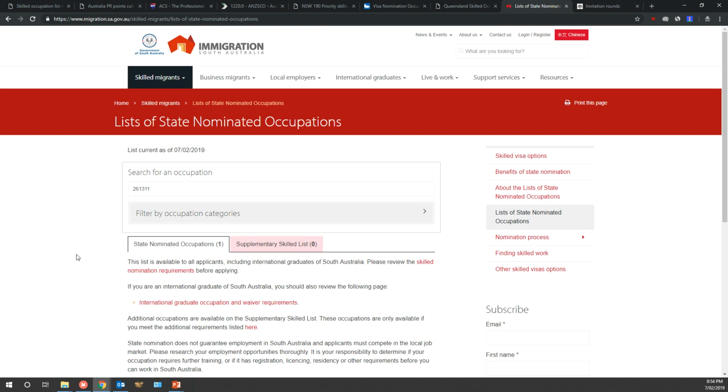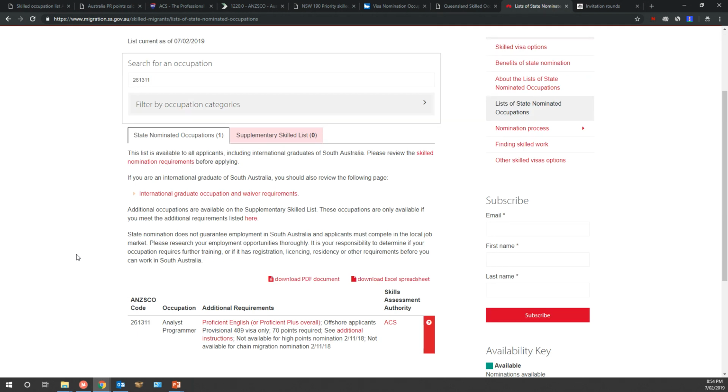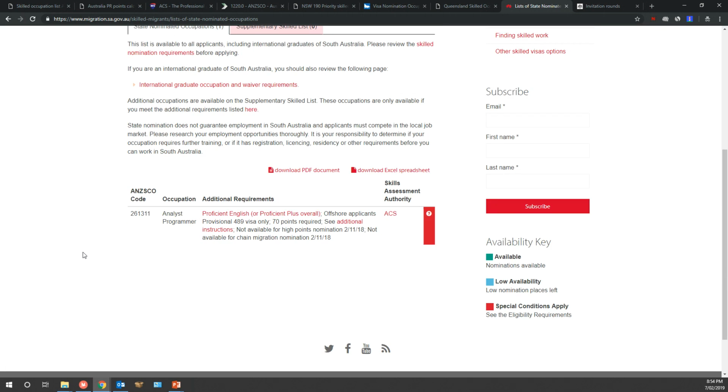Yes, so South Australia, from my experience, they are quite slow when it comes to the decision about the invitation. Special conditions apply from 5th of July 2018, and the fact that the occupation is on the list at the very moment does not mean it will be there tomorrow or the day after.